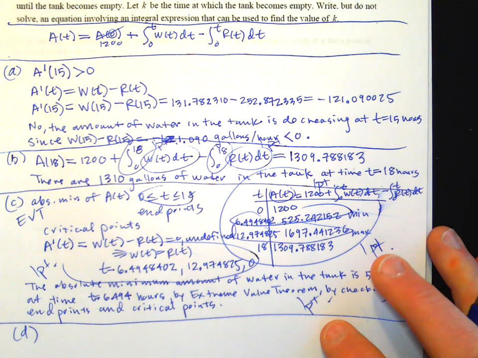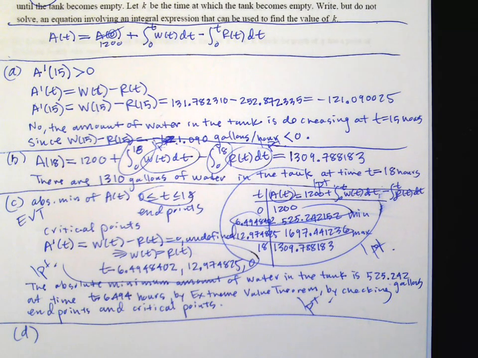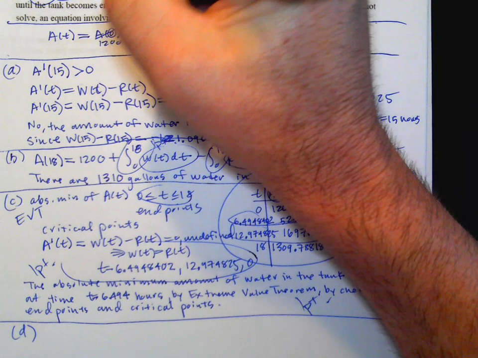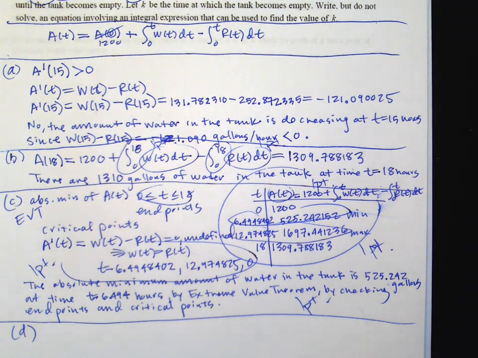Okay, so part D, for time greater than 18, okay, this is new territory. No water is pumped into the tank. Done pumping in. Water continues to be removed at the same rate R(t) until the tank becomes empty. Let K be the time at which the tank becomes empty, right?